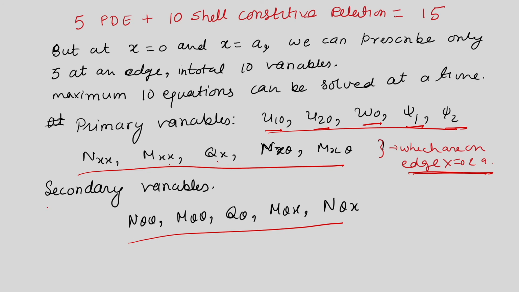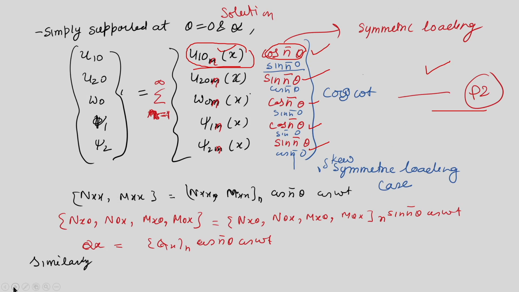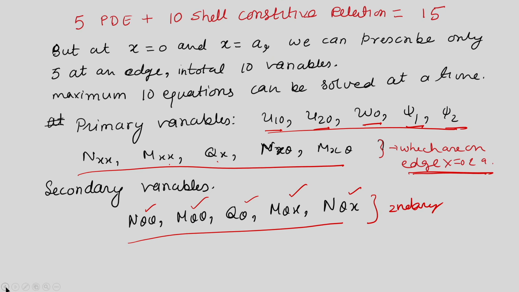The other secondary variables like n theta theta, m theta theta, q theta, m theta x will be considered secondary variables. One very important part of this development is that you need not convert your 5 partial differential equations into displacement form.